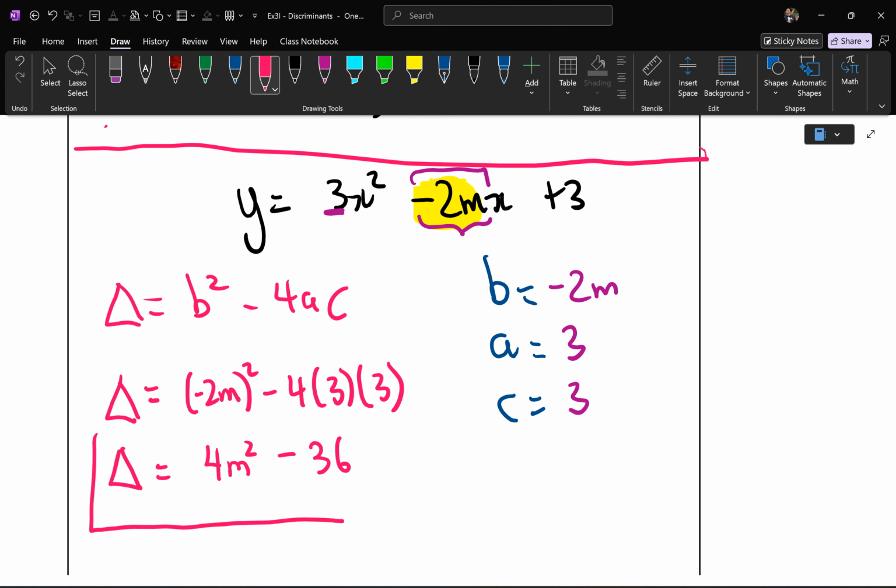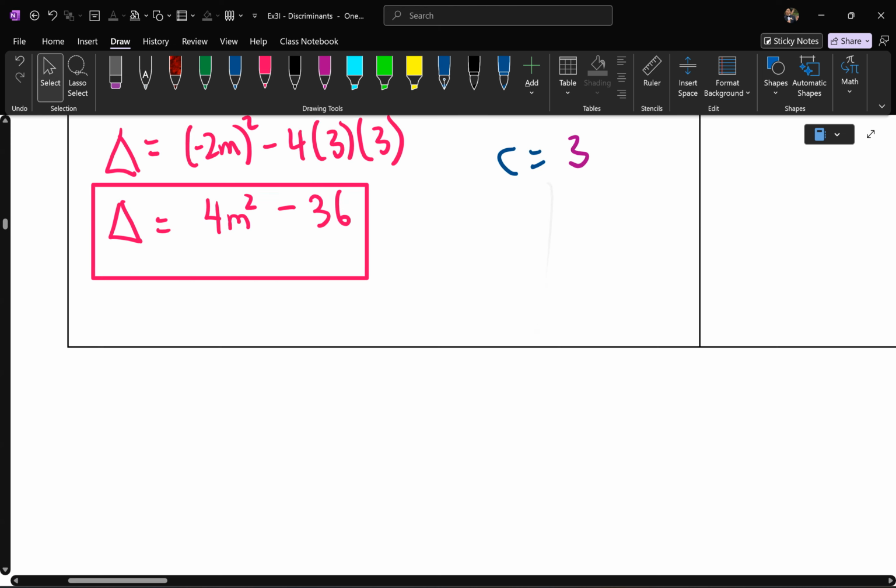This is a formula to tell me what my discriminants are when you have m. Now if I sub 1 in, I can tell how many solutions I'm going to have. If I sub in 2, I can tell how many solutions I'm going to get, because if it's positive, you get 2. If it's 0, you get 1. And if it's negative, you get none, right?